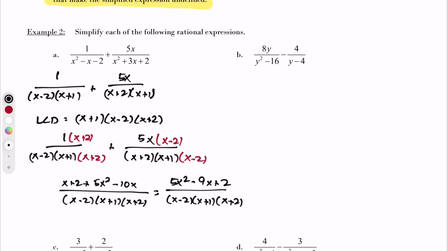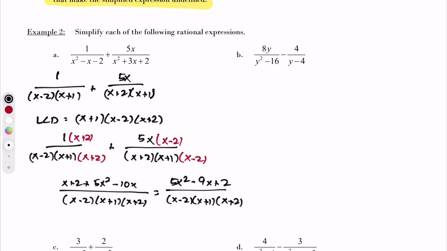So now the only other question here is, does that numerator factor? I have a feeling it does. So I want you to think about how you would factor this trinomial, 5x squared minus 9x plus 2.